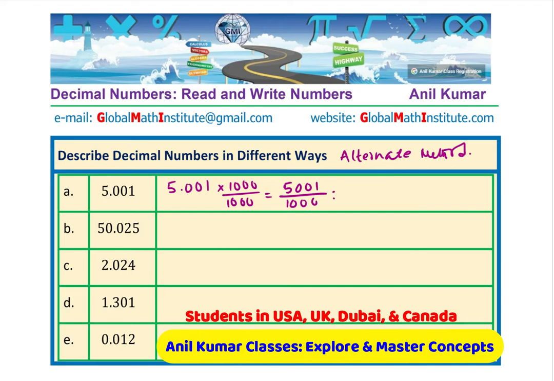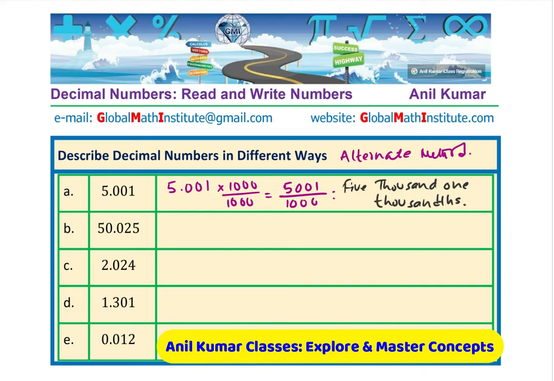So I could say this as 5001 thousandths. Does that make sense to you? Right? Because 1 ends at thousandths place, right?